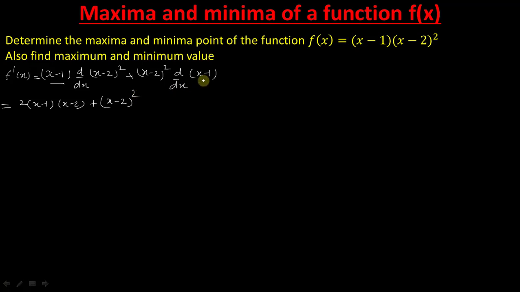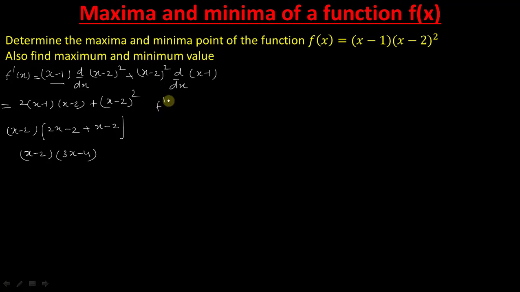The derivative of (x minus 1) is 1, because the derivative of 1 is 0, the derivative of x is 1. So (x minus 2) is common, so it is 2(x minus 1) plus (x minus 2). So it gives us (x minus 2) into (2x plus x is 3x, 3x minus 4). So that is your f dash x.